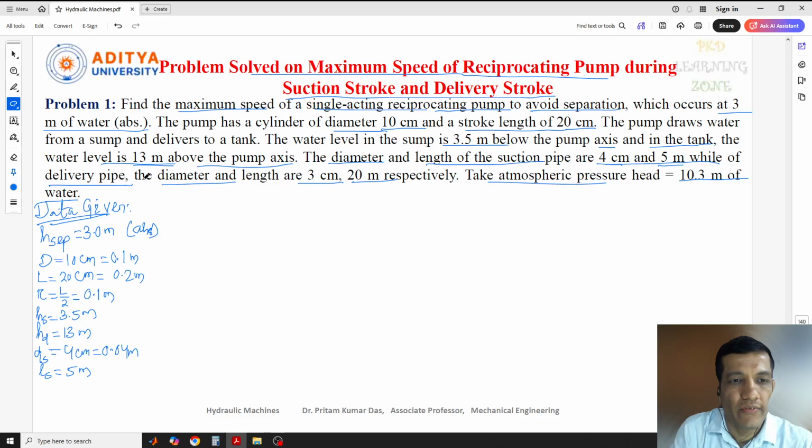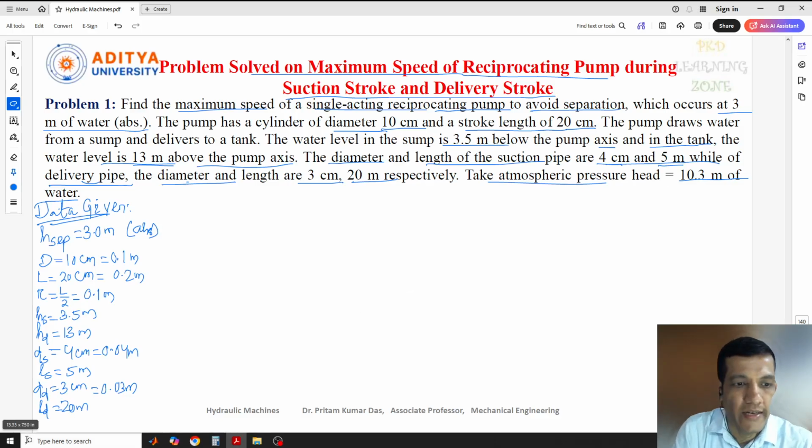Okay, for the delivery pipe, the diameter and length are 3 centimeter and 20 meter. So similarly, DD equal to 3 centimeter, this also you can write 0.03 meter, and the length of this is LD, LD equal to 20 meter, which is more length than the suction pipe.